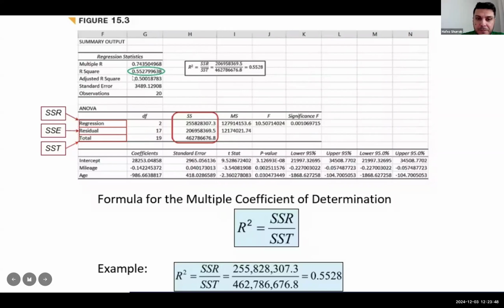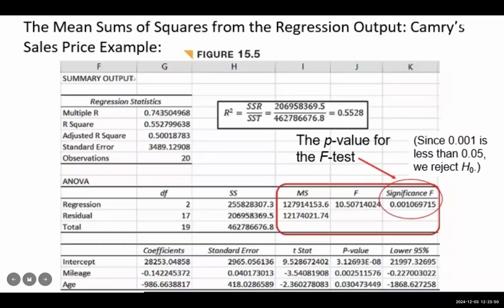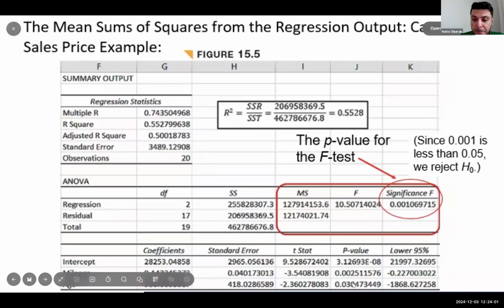All right. Now, moving to the p-value. We talked about this before, and we said that when we had a single linear regression, it was basically the same as the slope's p-value. But now things are different. Now we have several variables, and for each one we have its own p-value. If you look at the intercept, mileage, and age, they all have their own unique p-values.